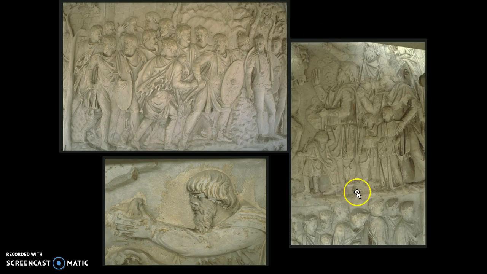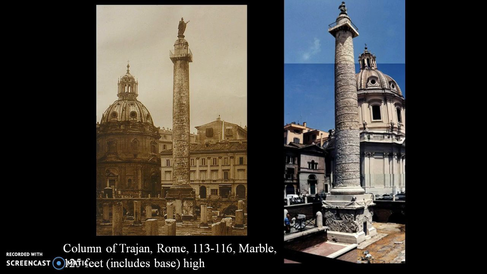And then over here we have some of the Dacians actually welcoming the Romans, some of the older people and the young children welcoming the Romans. So they're depicted as chaotic, but then sometimes they're also depicted as fierce and worthy of the Romans' efforts. Now this is actually a hollow tower or column.